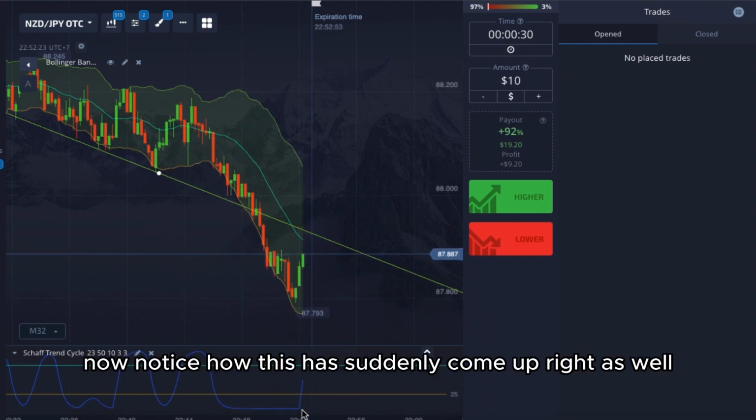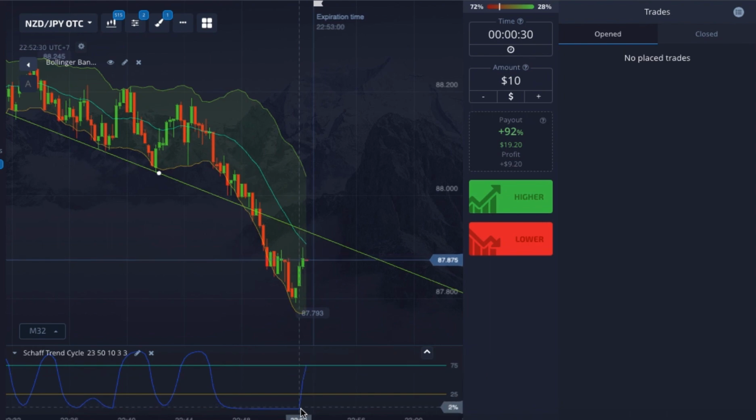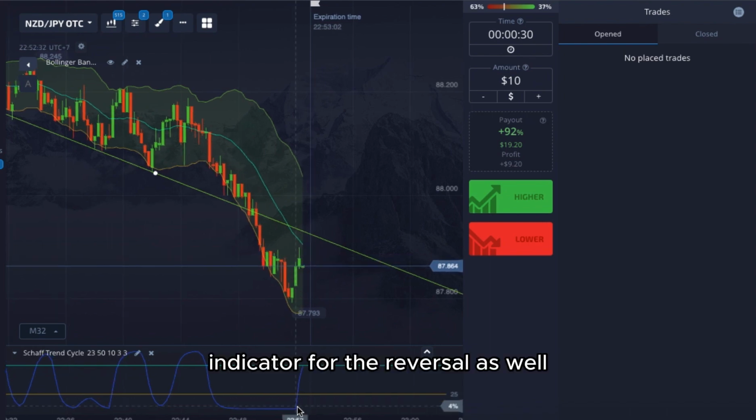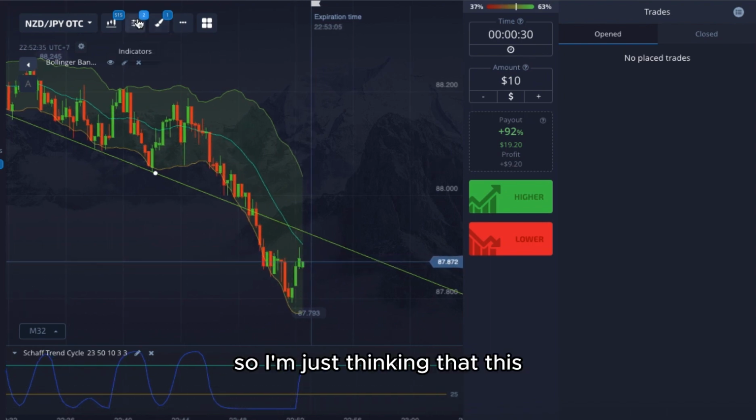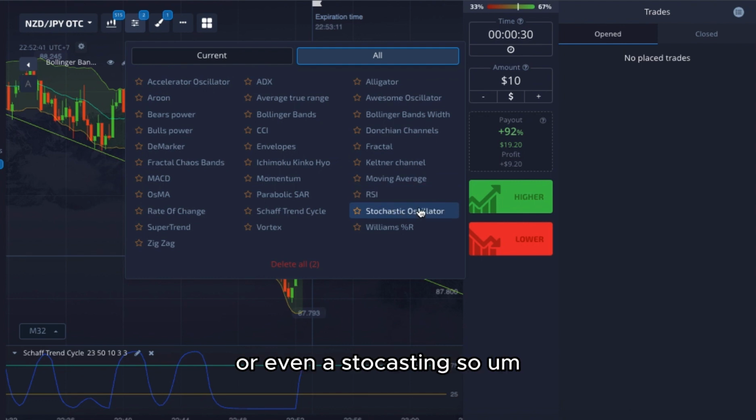Now notice how this has suddenly come up right as well, making this a very good indicator for the reversal as well. So I'm just thinking that this could go very well with an RSI or even a stochastic.